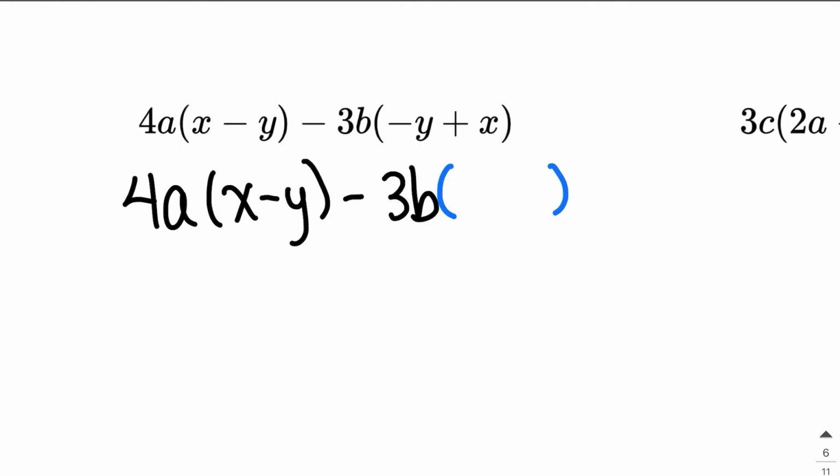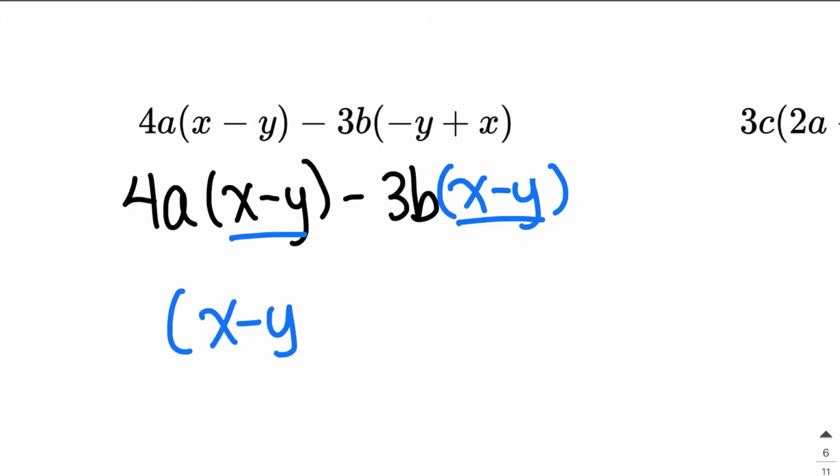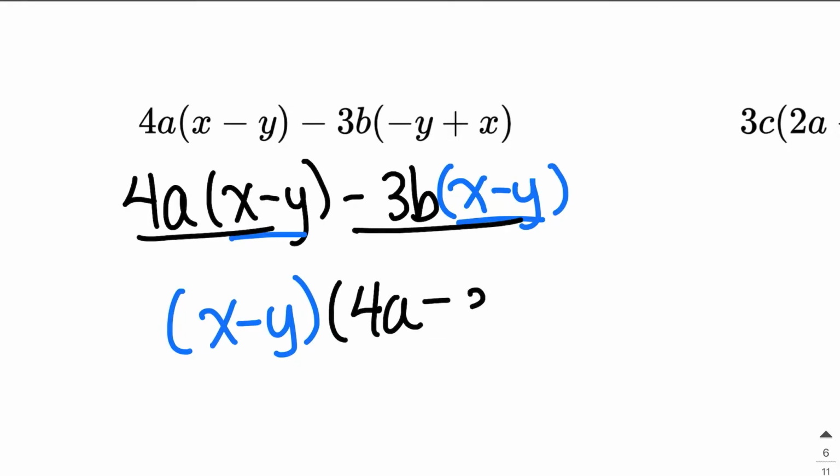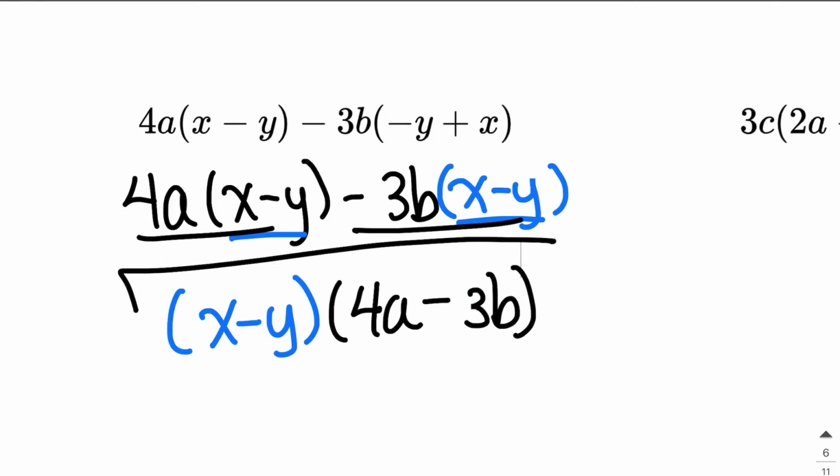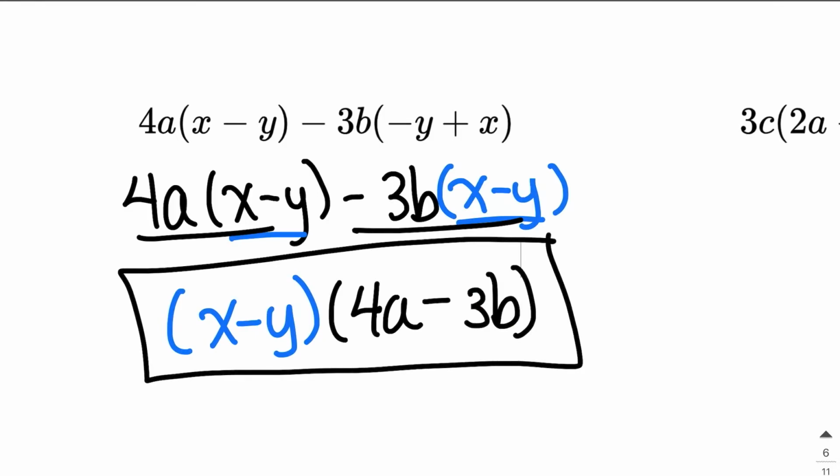I can put the x first, the negative y second, and now these two match with each other and I can factor out that x minus y. When I factor it out of the first term, I have 4a left over. And when I factor it out of the second term, I have a minus 3b left over. And this has my common binomial factor factored out.